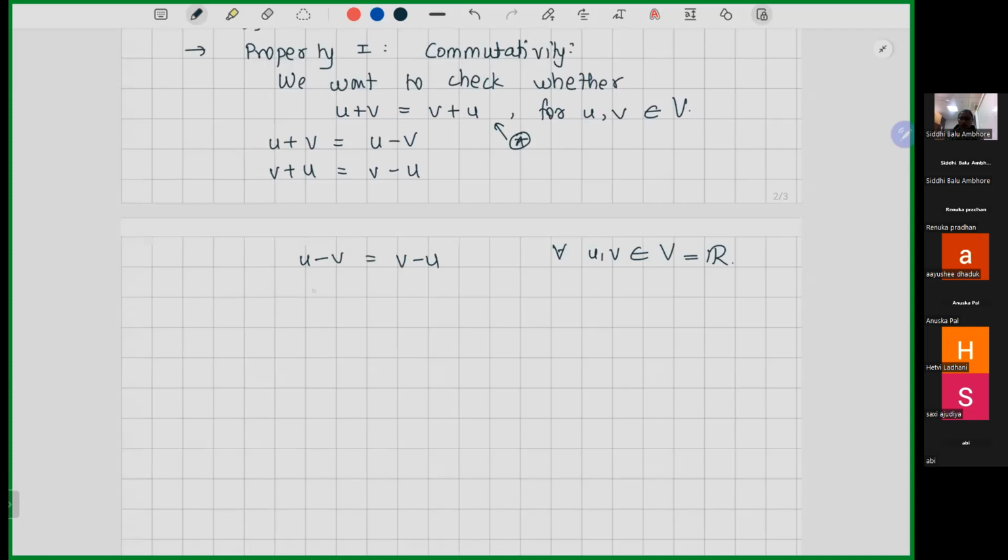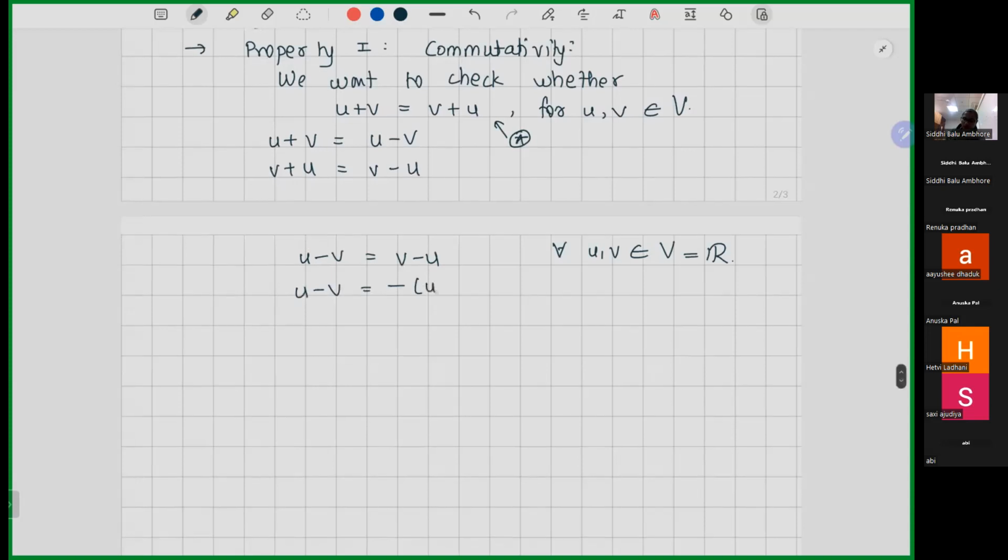So we know that V minus U, in real numbers, with the normal subtraction operation, is minus of U minus V. And if we take U not equal to V, then U minus V is not equal to minus of U minus V, right?